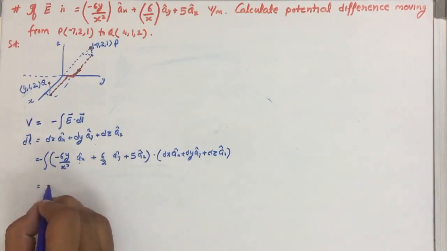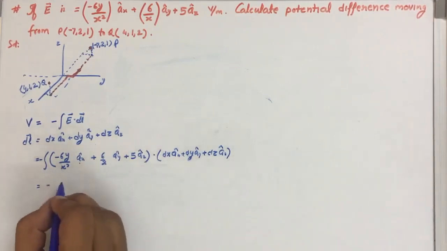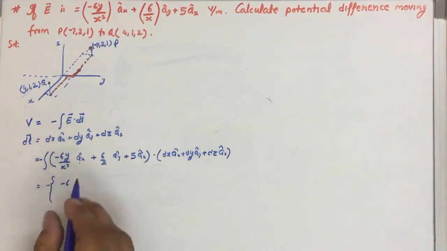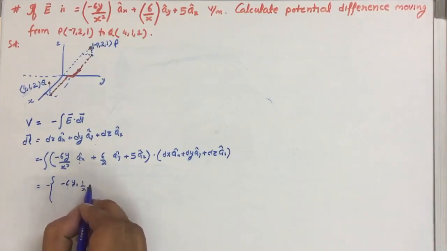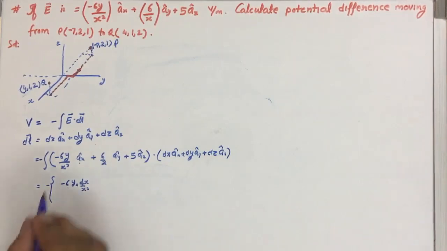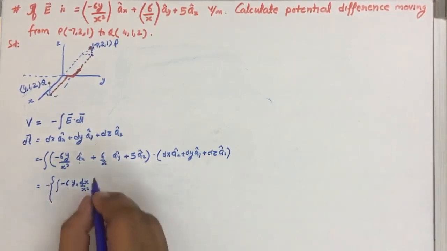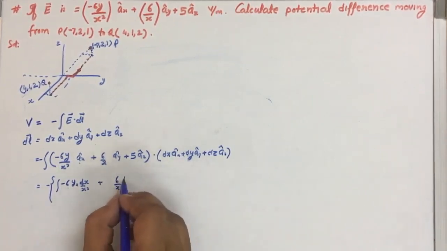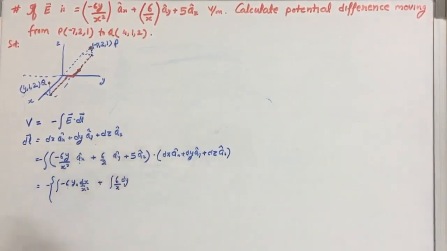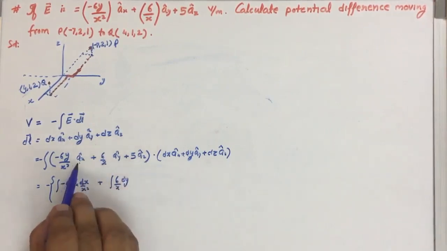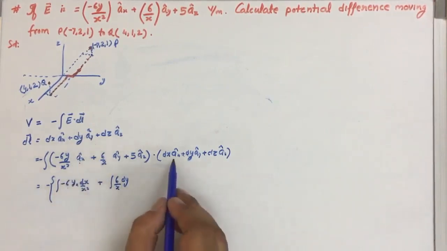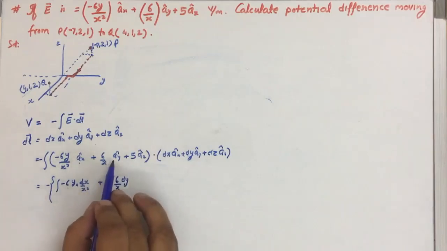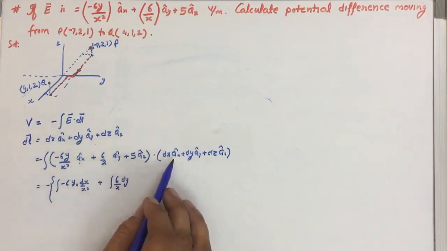It will give you minus for all. So you will get -6y into 1 by x square into dx, integrate this, plus 6 by x dy, integrate this, because the dot product of this with this will give you 1, and the dot product of the remaining terms will give you 0.